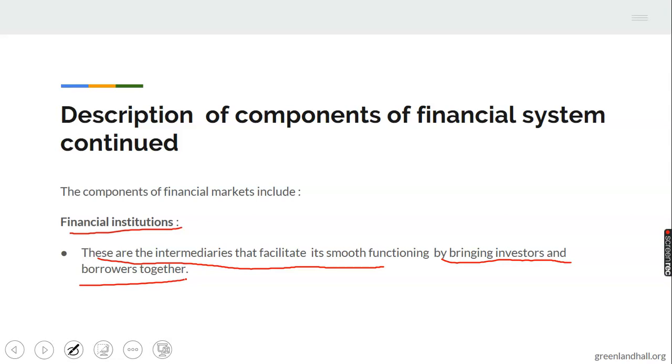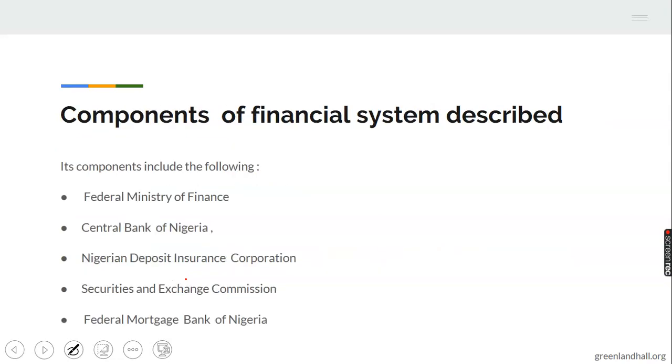There are individuals and organizations that may have a large fund or capital that they want to invest, for example, in landed property or in treasury bills. These individuals are eventually brought together with those people that want to borrow that money and use it.